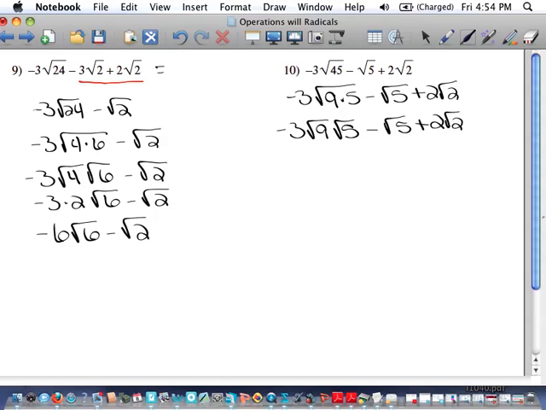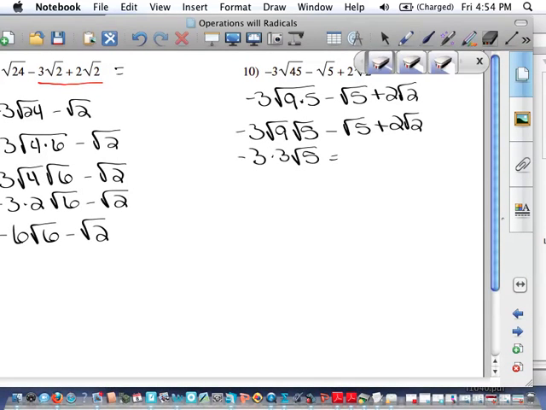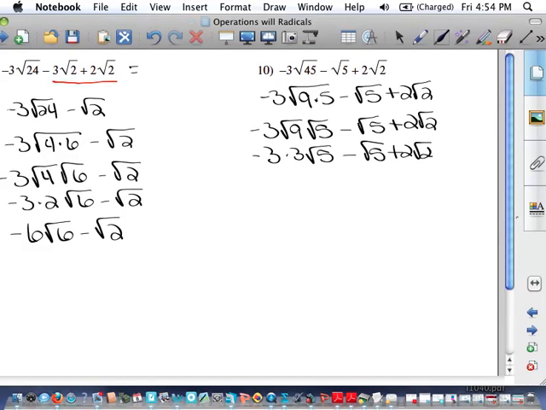Square root of 9 is 3, so I have negative 3 times 3 times the square root of 5 minus the square root of 5 plus 2 square root of 2. So this becomes negative 9 square root of 5 minus square root of 5 plus 2 root 2.